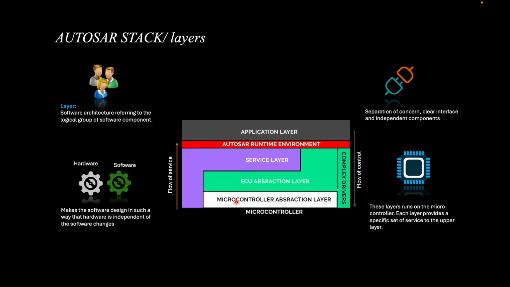If something is requested from the microcontroller abstraction layer, then it will talk to the microcontroller, and it will have some functions that can be provided to the upper layer, which is basically the ECU abstraction layer. So this is basically the overview for the different layers of the Autosar architecture.